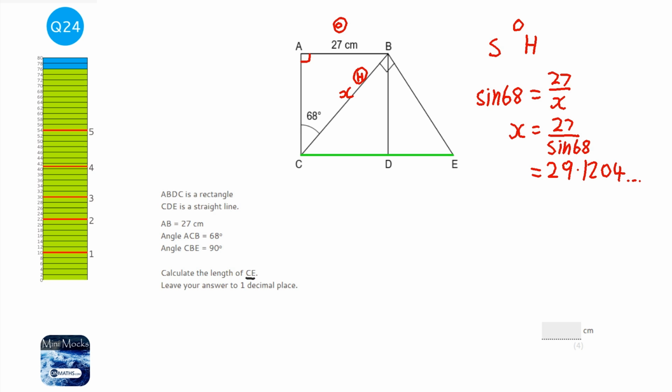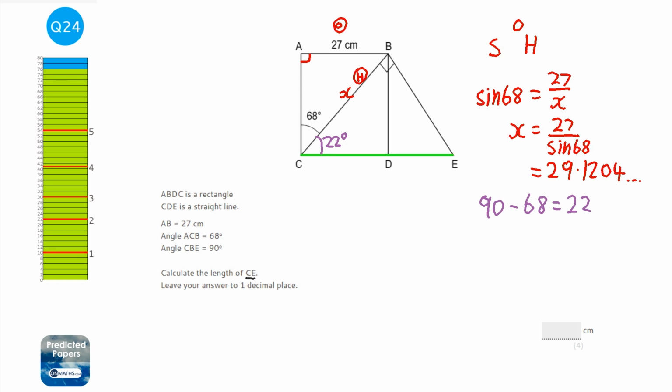So the next thing I need to do is work out CE. Now I'll need this angle here, which actually I can just take away 68 from 90 because it's a rectangle, the whole thing will be 90 degrees. So I'm just doing 90 take away 68, which is 22. So that's 22 degrees.